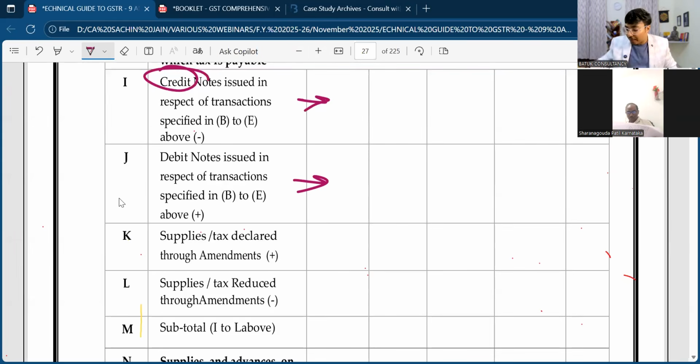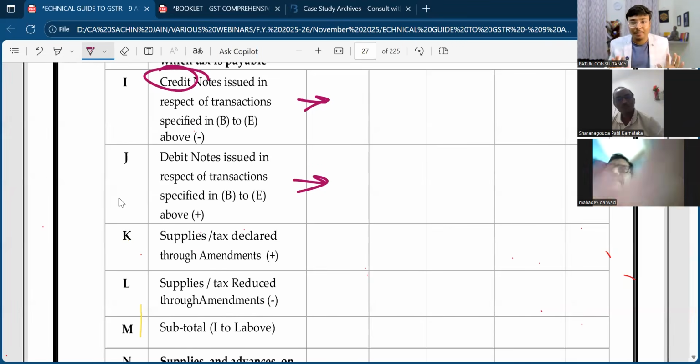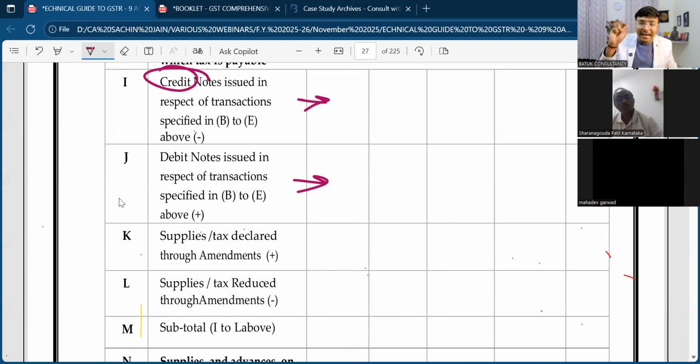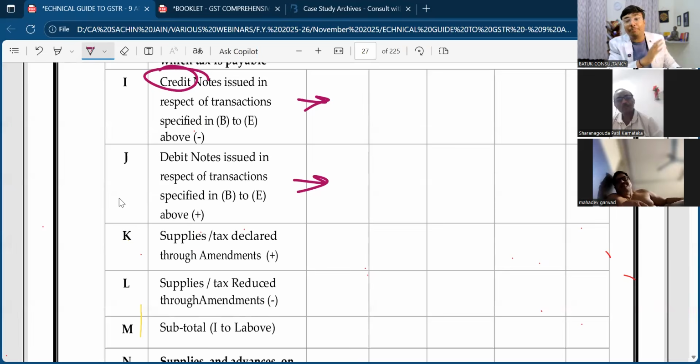Okay. Now, one thing which you need to keep in your mind is that this GSTR-9 always allows incoming. This GSTR-9 will not allow you for the outgoing. That means if there is any credit note which you forgot to report in your GSTR-3B and GSTR-1 return, and did not report within the timeline of section 16 subsection 4, and you are reporting it in your GSTR-9 return only, you will not be eligible to reduce your output tax.